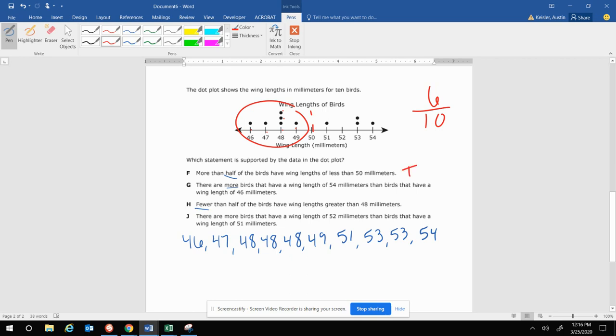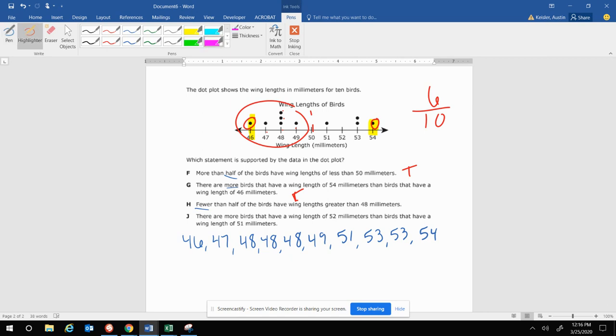Let's check the other ones just to make sure. G says there are more birds that have a wing length of 54 than birds that have a wing length of 46. Well, that one is not true because we can tell that there's only one on both of those. So G is false. And then H, fewer than half have a wing length greater than 48.